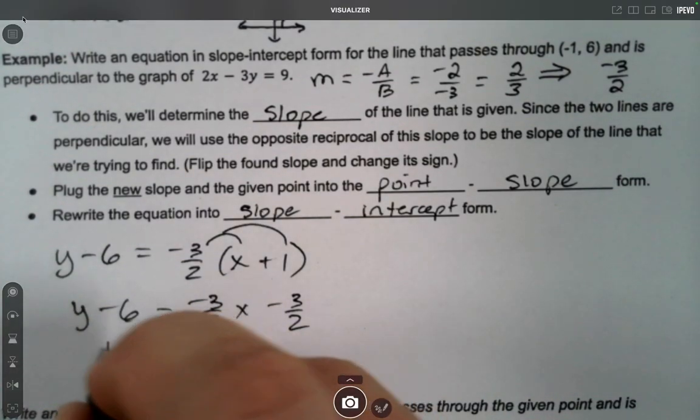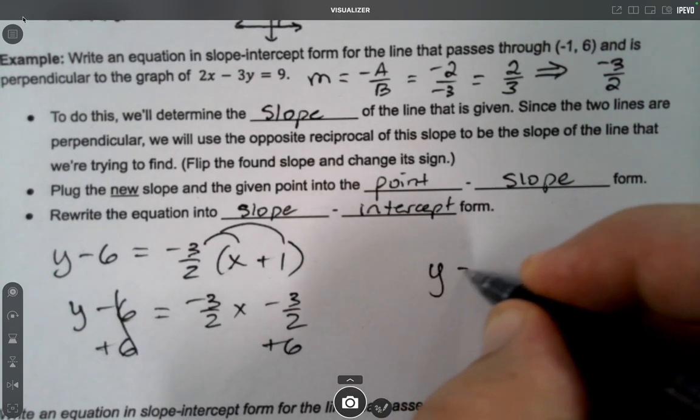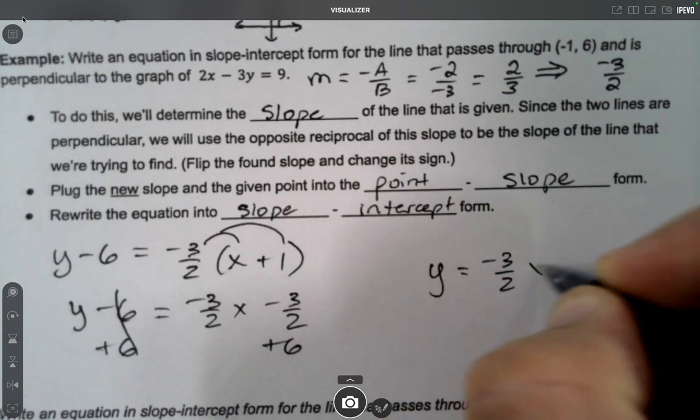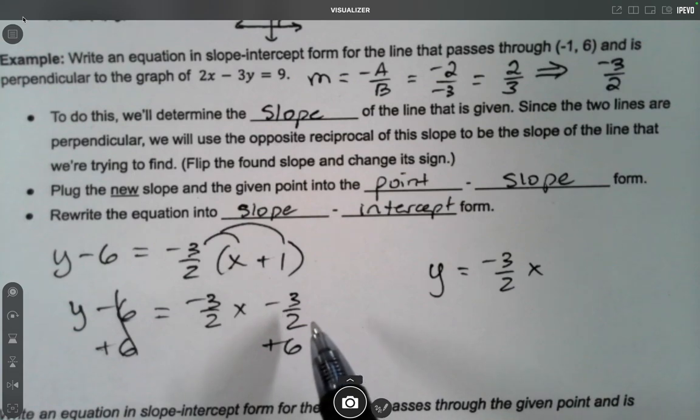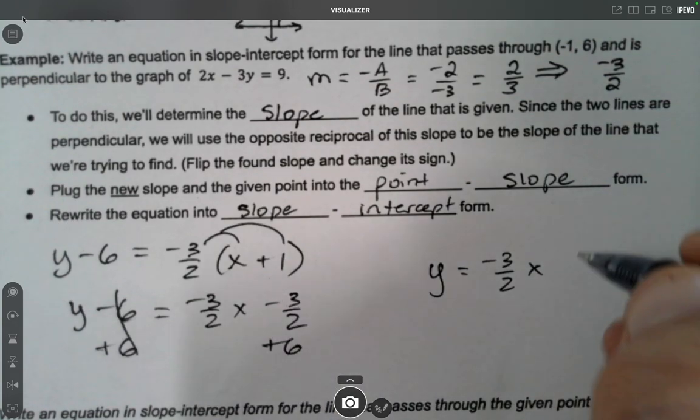And then add 6 to both sides. So that's the same as negative 1.5, or you can say this is the same as adding 12/2. So negative 3 plus 12 is 9/2.